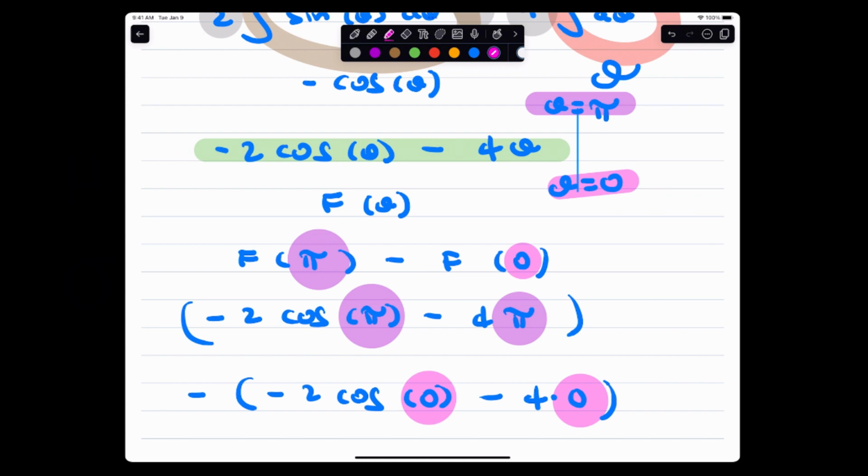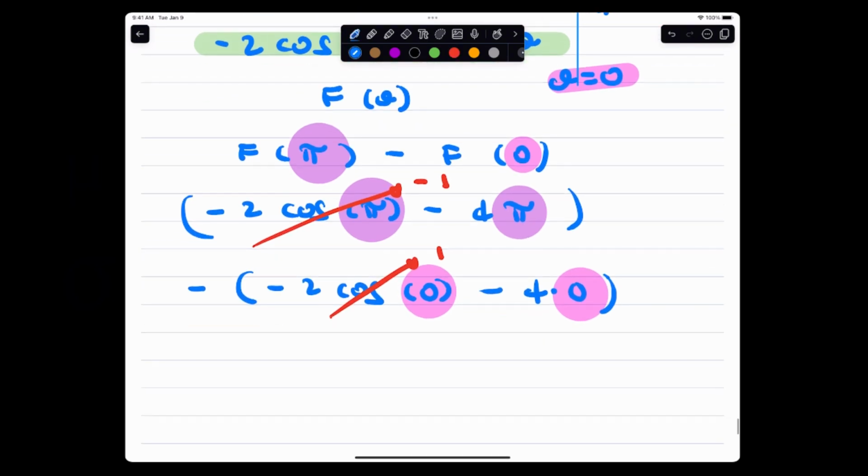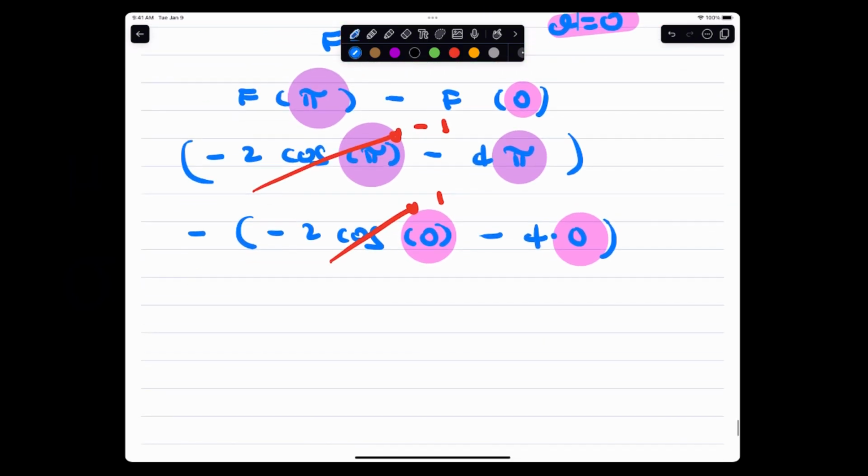And then you got to remember some cosine. What is this? What's cosine pi? Anybody know what cosine pi is? Anybody have a good trig course? Anybody here take trig? You guys know what's cosine 0? 1. So negative 2 times negative 1 is positive 2 minus 4 pi minus, what's negative 2 times 1? Looks like it's negative 2.